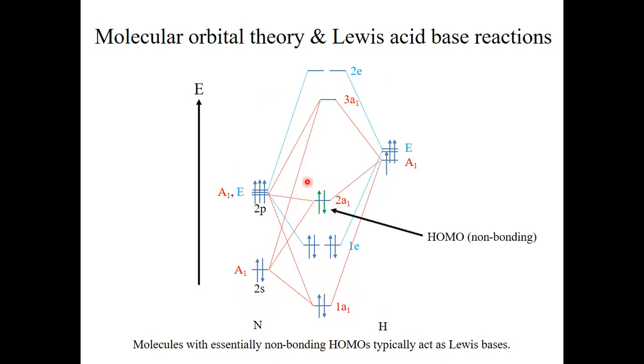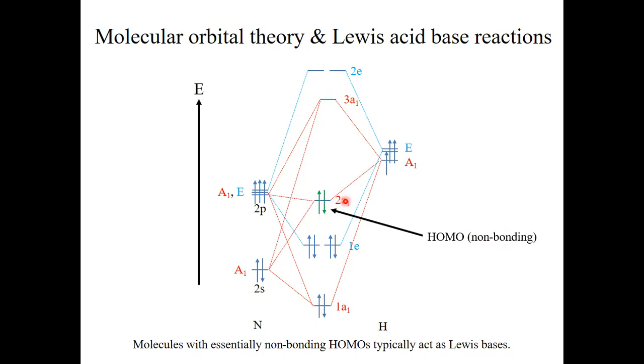The highest occupied molecular orbital in ammonia is an approximately non-bonding molecular orbital. It was the second molecular orbital of the symmetry type A1. Now why is this situation ideal for this molecule to act as a Lewis base? First of all, we have to have an occupied molecular orbital, otherwise the electrons couldn't be donated.